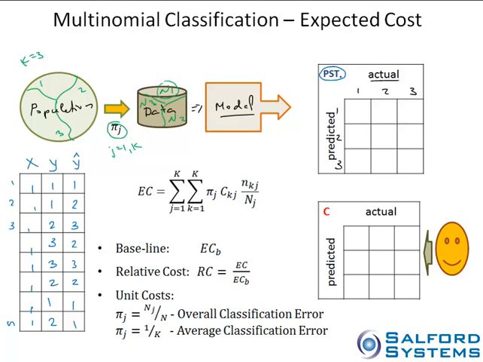Now the prediction success table will have all of these cells filled up with integer numbers, n11, n12, n13, n21, n22, n23, n31, n32, n33, where each individual cell, let's call it n_kj, is simply the number of observations in the data set that belong to actual class j but were misclassified as class k.